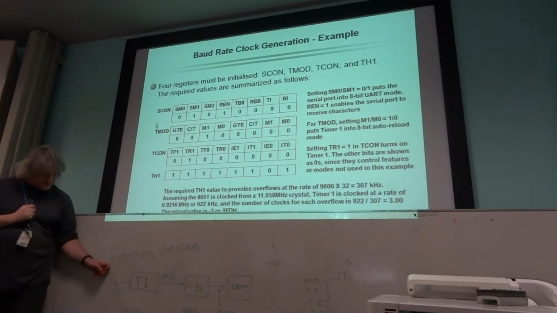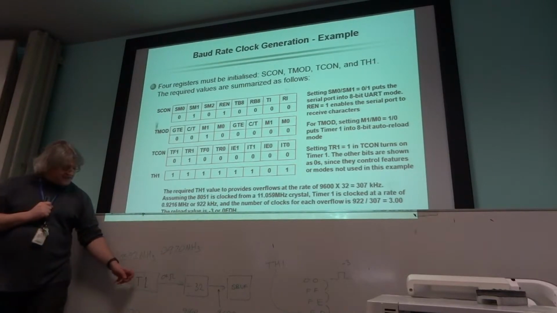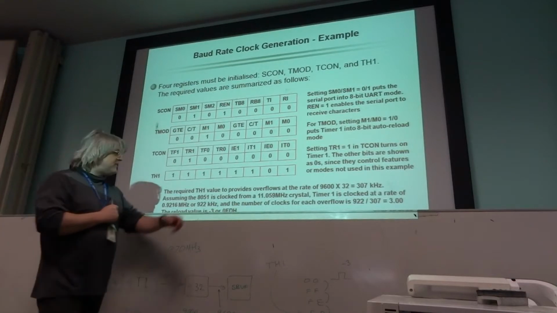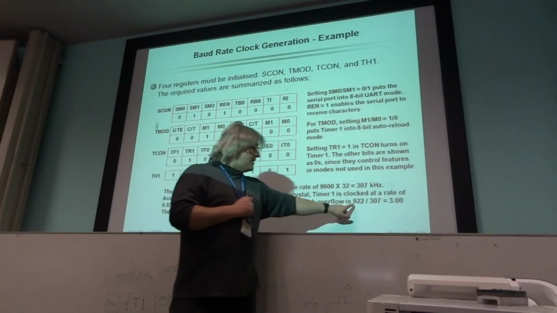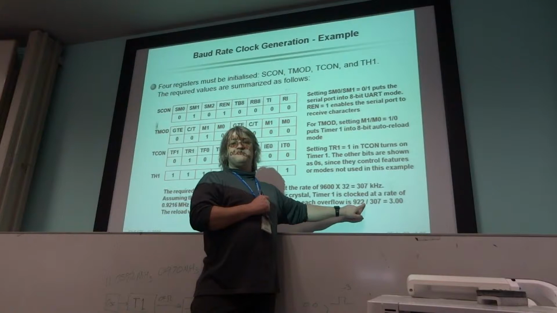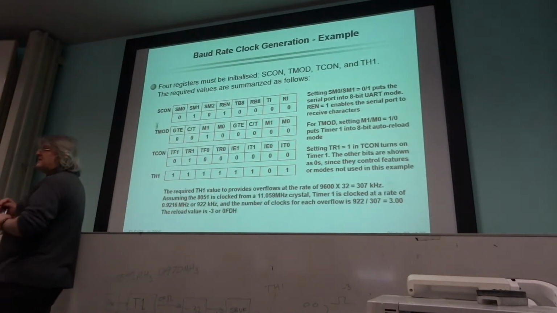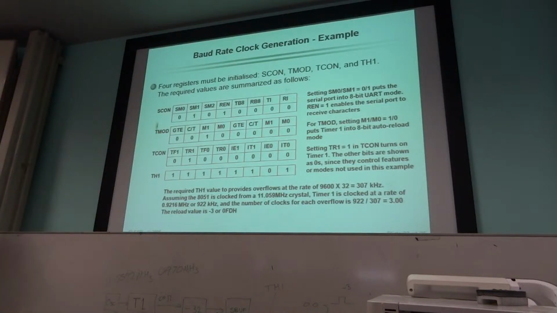So if that's the crystal speed, a twelfth of that is how fast this does its job, and a twelfth of that happens to be 922 kilohertz. So the timer is counting at a frequency of 922 kilohertz.